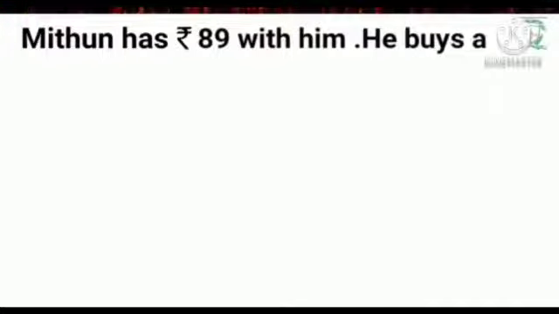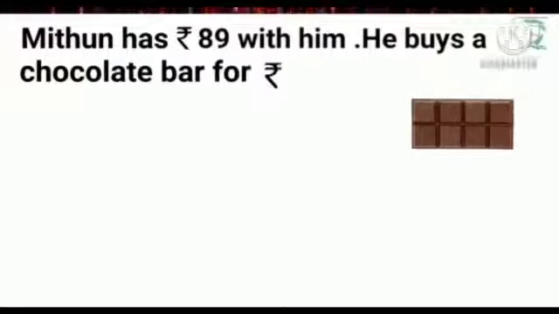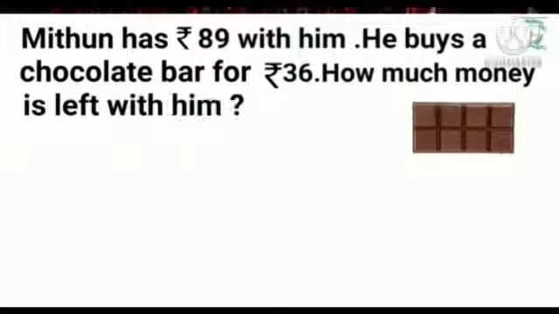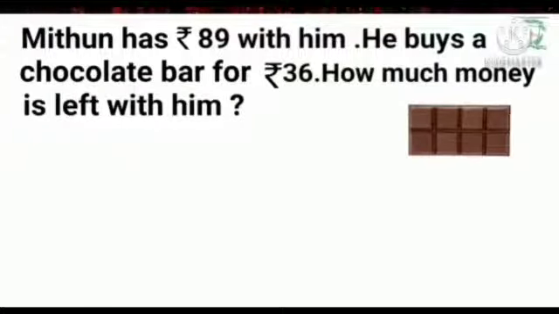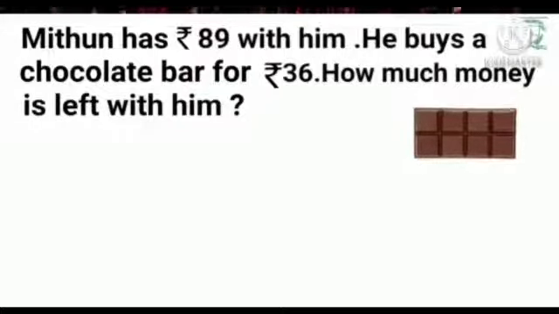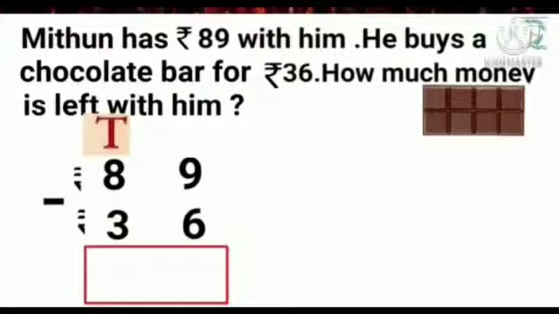In the next example, Mithun has rupees 89 with him. He buys a chocolate bar for rupees 36. How much money is left with him? We need to subtract the smaller number from the bigger number. That is, we subtract 36 from 89.